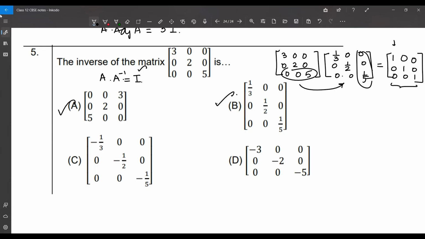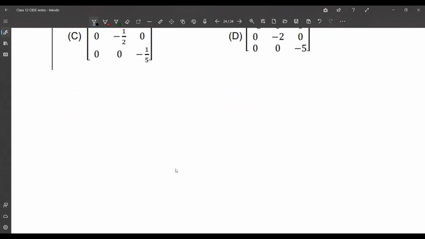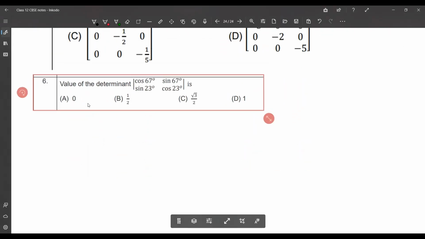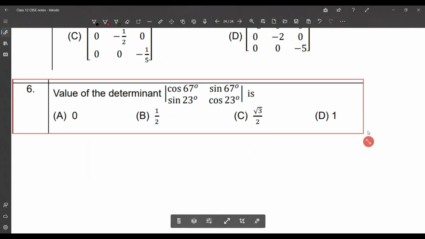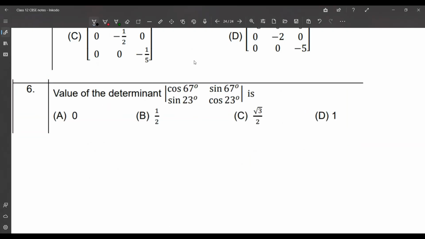Moving on to the next question. Value of the determinant cos 67, cos 23, minus sine 67, sine 23.